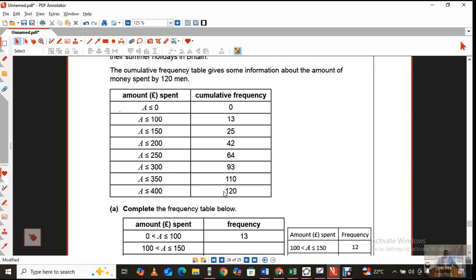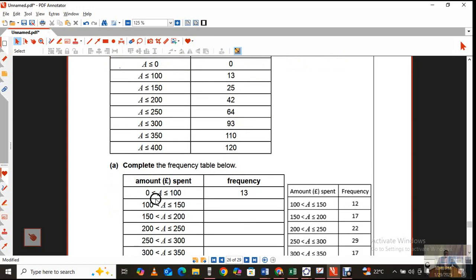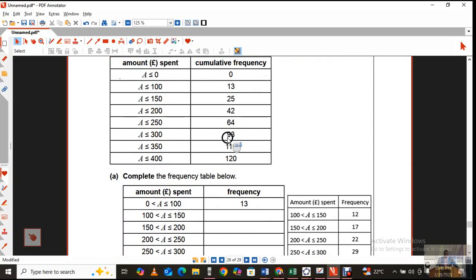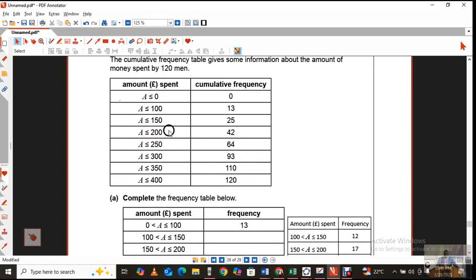Okay. All of them. Now, if you add up the stuff from 0 to 100, you see it's 13. From 100 to 150, people who spend between 100 and 150, that's 100 and 150 here. The people who spend between 100 and 150, for you to find that, you have to do a little bit of subtraction.